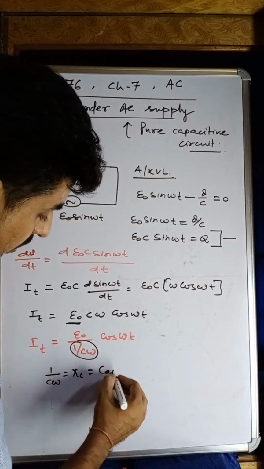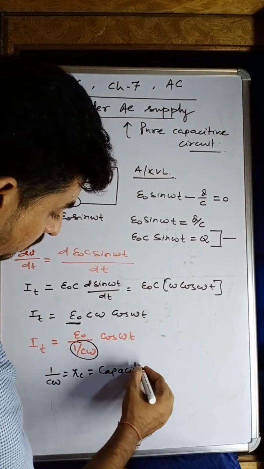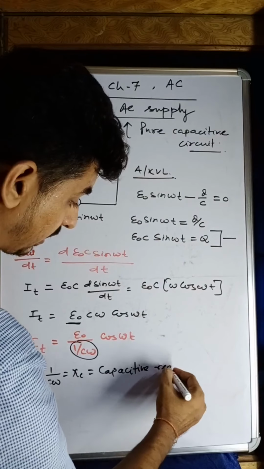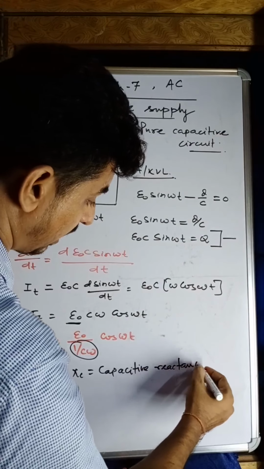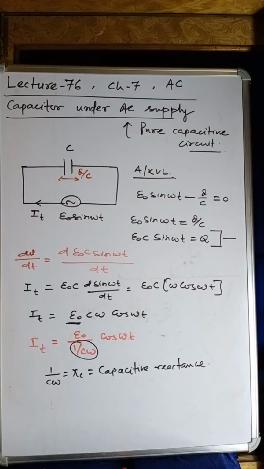It is called capacitive reactance. And what is that capacitive reactance? The resistance offered by a capacitor to the alternating current is called the capacitive reactance.